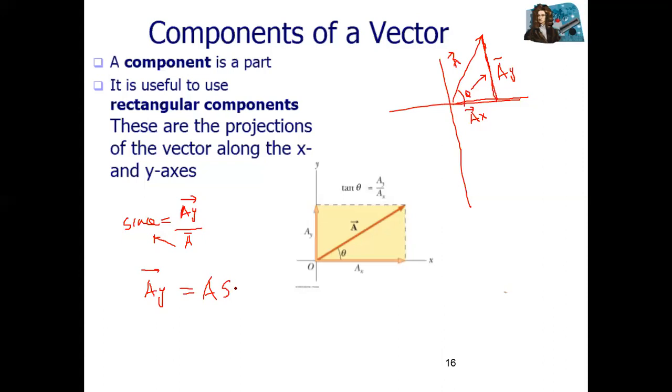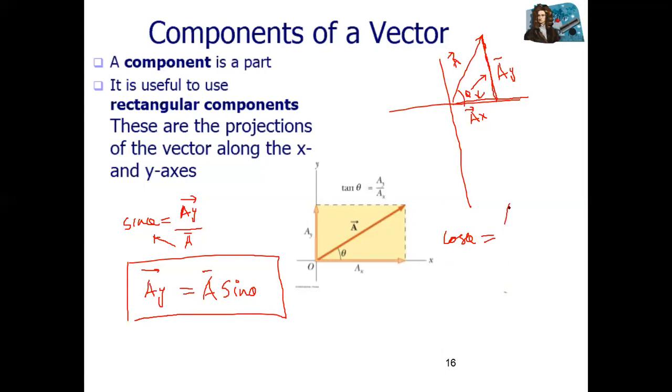This is the formula for the vertical component, the component along the y-axis. Same, if you have cosine theta, what is cosine theta equal to? Ax divided by A, adjacent side divided by hypotenuse.